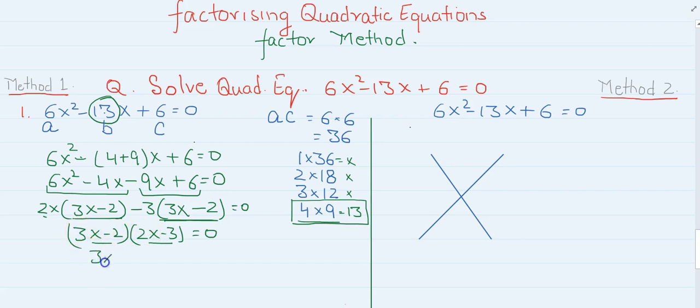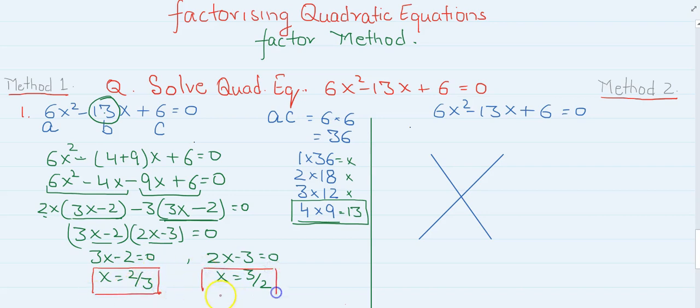So if 3x minus 2 is 0, x will be 2 over 3. And if 2x minus 3 is equal to 0, x will be 3 over 2. And this is our solution of this quadratic equation using the factor method. This is the first method.